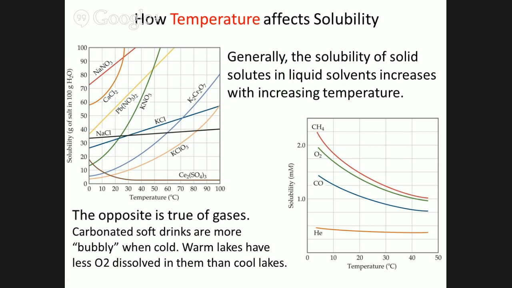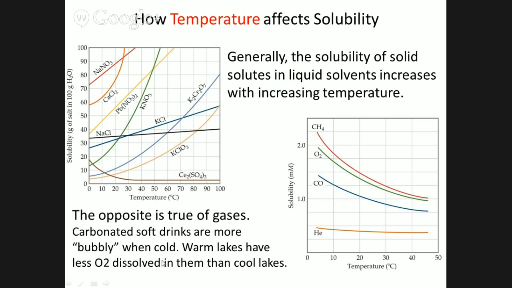Now, the opposite is true of gases, and that's what our chart here at the right is showing. As temperature increases, notice that these different gases, we have methane, oxygen, and carbon monoxide, they're all decreasing as temperature is raised. And if you think about it, again, in soda, when we keep them cold, they tend to be more bubbly. There's more carbon dioxide in the solution.